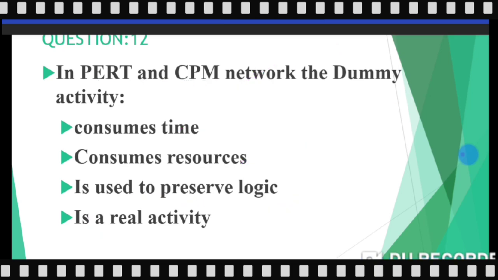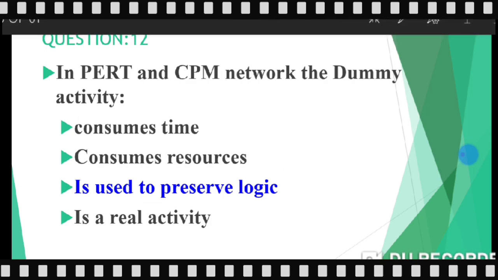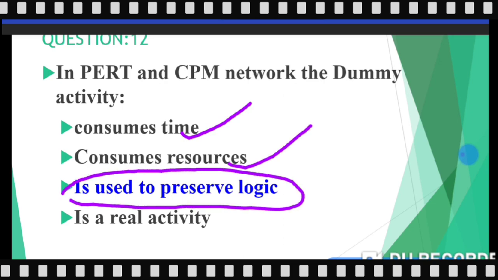I have told you in the last class also, a dummy activity is an activity that does not consume any time, does not consume resources, and it is just used to preserve the logical sequence of the project network diagram.